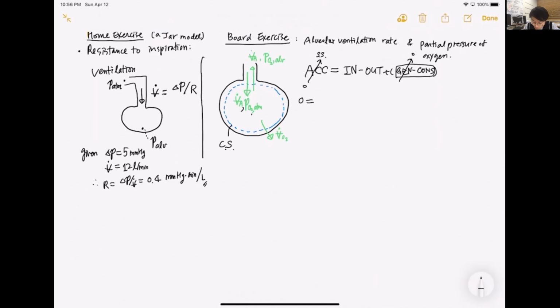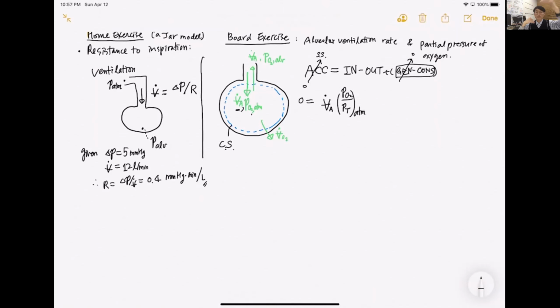That is the volume flow rate coming from here, times the partial pressure of oxygen, PO2 over total pressure, and that's coming from outside, so we put ATM. That's inside.